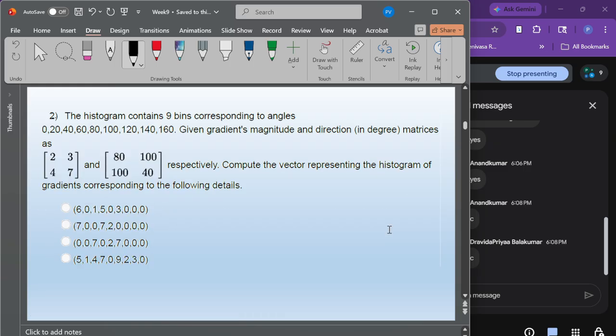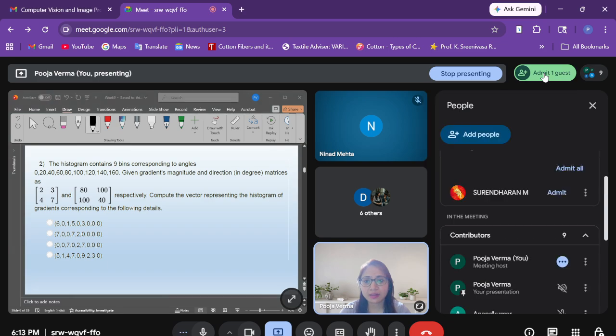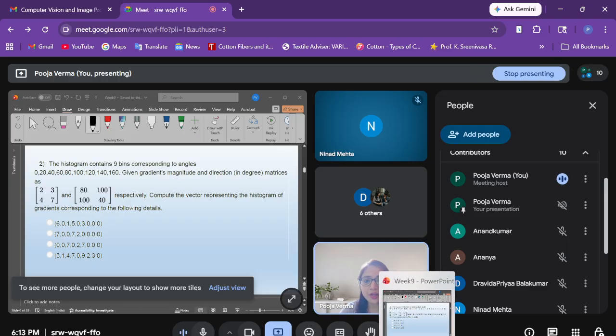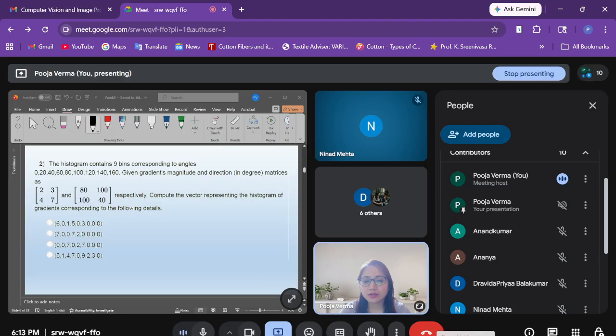The next question: the histogram contains 9 bins corresponding to angles 0, 20, 40, 60, 80, 100, 120, 140, and 160. The gradient magnitude and direction matrices are given. The question is to compute the vector representing the histogram of gradients corresponding to the following details.